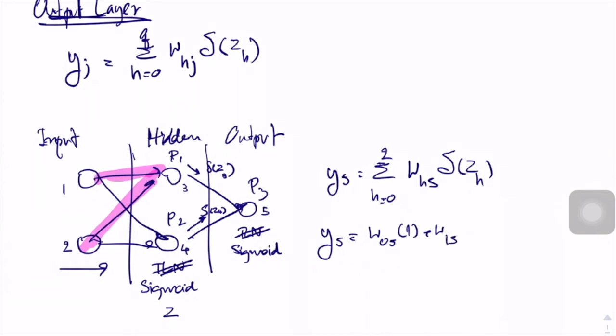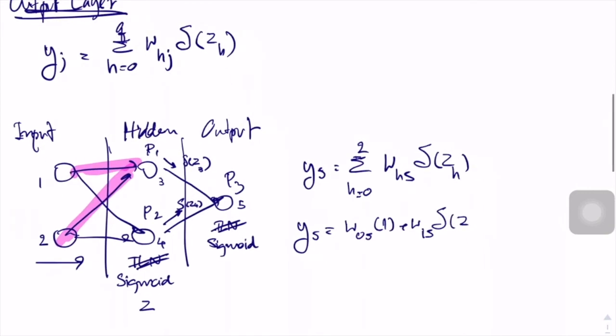and then times signal from z, that is the node from number 1 in the hidden, and I will change it later.